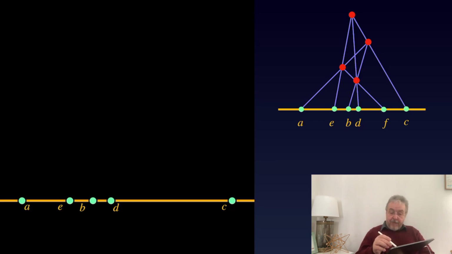As a kind of reference picture, I've drawn the picture we had before over here, and now we have essentially the same situation. We are given points A, E, B, D and C, but the position of point F is still missing. So how do we construct point F?